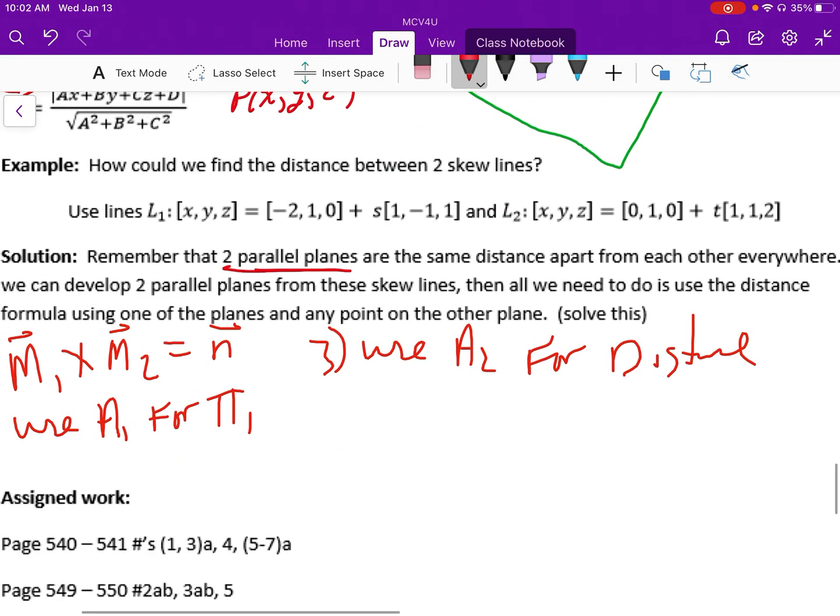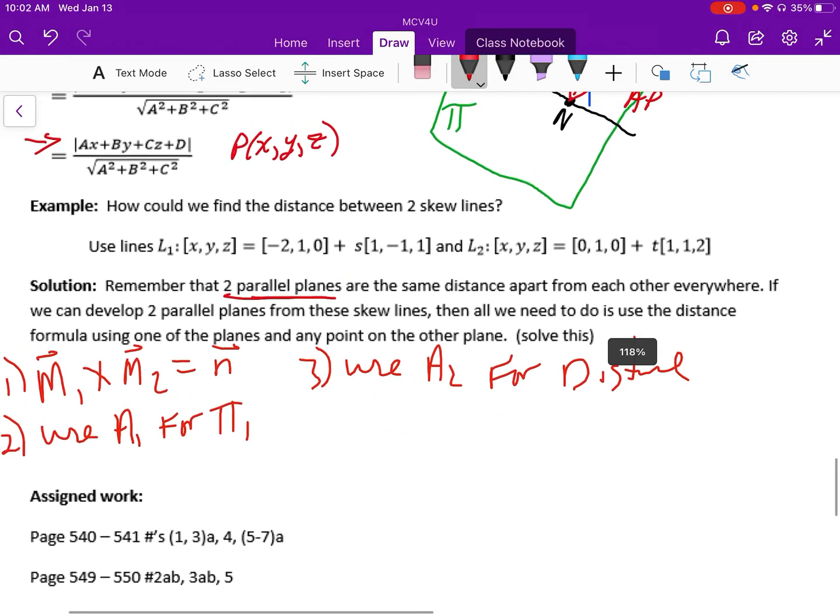So here's what you do. We know how to create two parallel planes from two skew lines, okay? So what we do is we form a parallel plane. Take the direction vectors of the two skew lines and cross them to find the normal vector to both of these planes that we're going to have. It's normal to both lines.